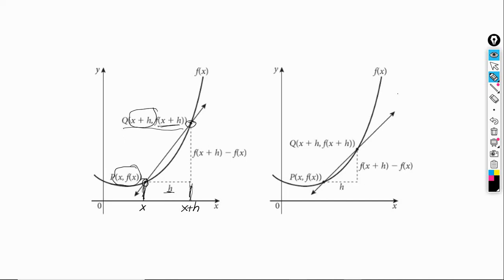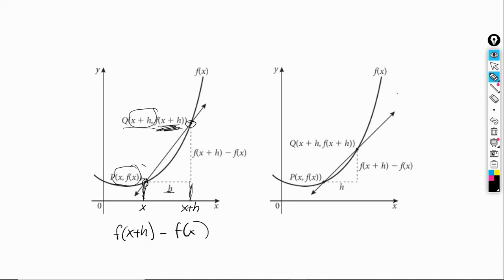So notice that if we wanted to find the slope of that line, and this is called a secant line because it's going through the graph a couple times, and it's not tangent at any point. So the slope of this line here, in this first example to the left, would be the difference in y, which would be f of x plus h, minus f of x, right?